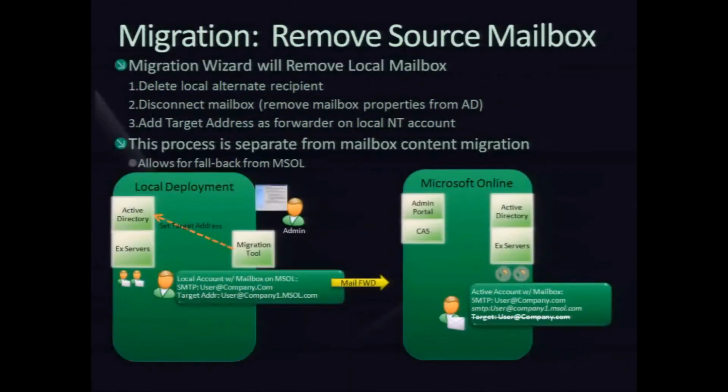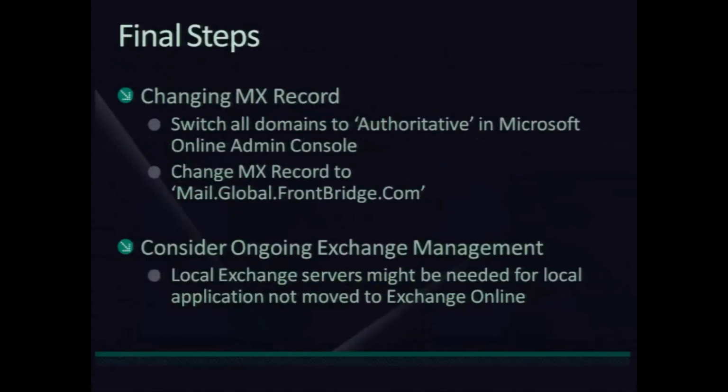It'll delete that extra contact and basically leave you with a mail-enabled user with a forwarder to Microsoft Online. So it's very easy to clean up after you've done all the mailboxes. And we do it as 2 steps because you may want to have some safety, so we leave that mailbox on premise for a few days before you go and delete it. So that's basically the process.